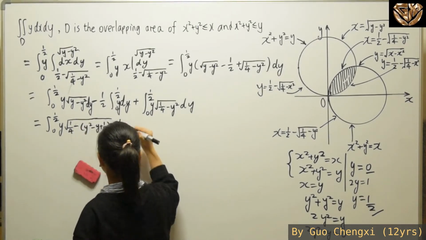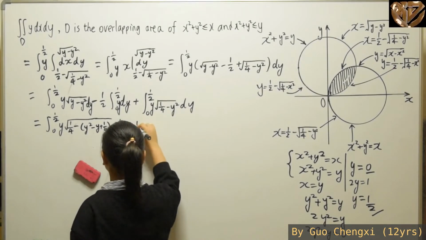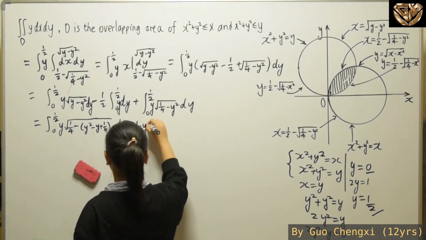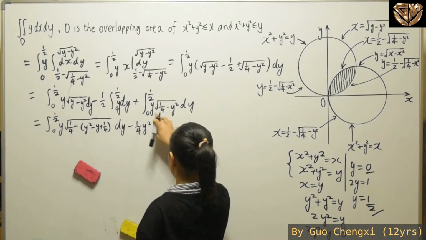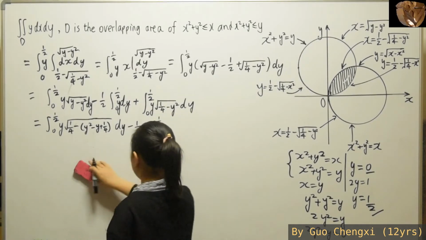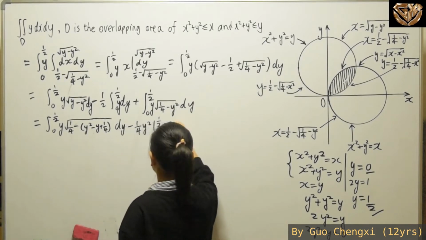Well, for this part you can immediately integrate it already, which you're going to get 1 over 4 y squared from 0 to half. And then for this part you can put the y inside for it to be able to integrate.